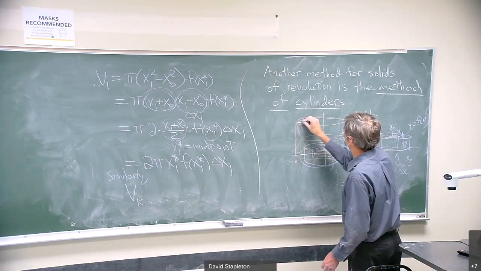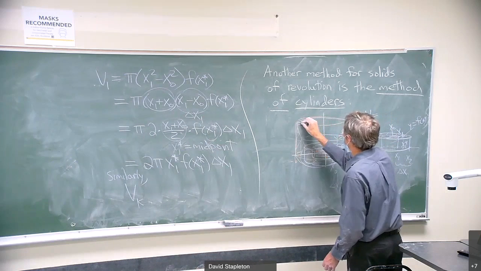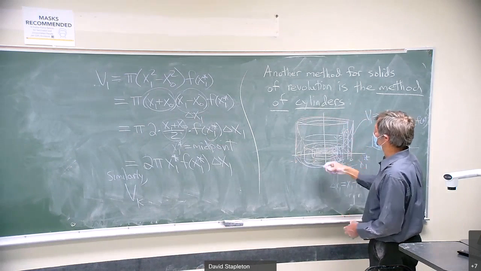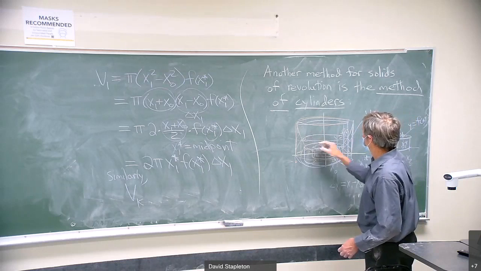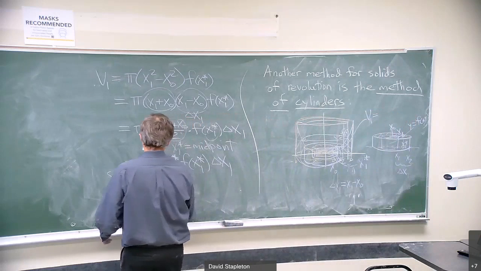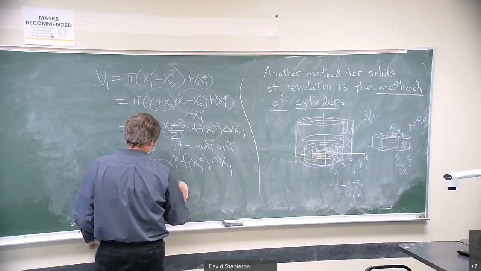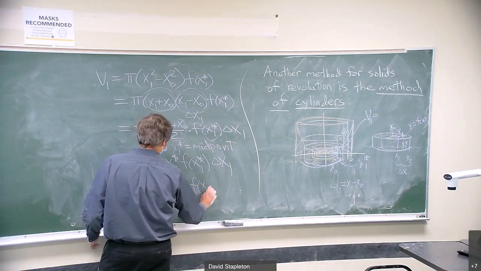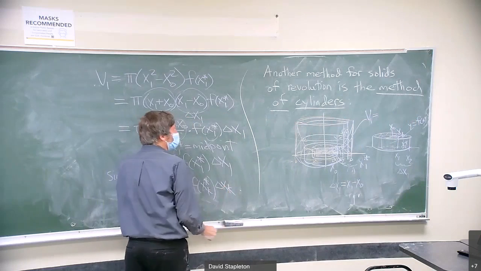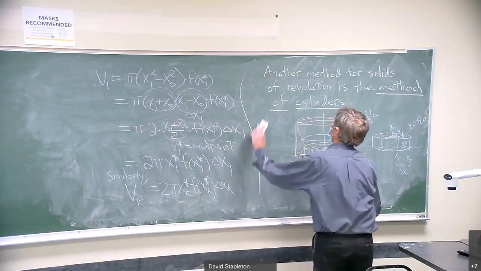Finally, I'll get a thickened cylinder here on the outside, and I fill it up with cylinders, hence it's the method of cylinders, where the height of it has the same kind of construction. Vk, the kth cylinder, has volume 2 pi xk star f of xk star delta xk, and we can say, I'm running out of time, I'll do this quick.